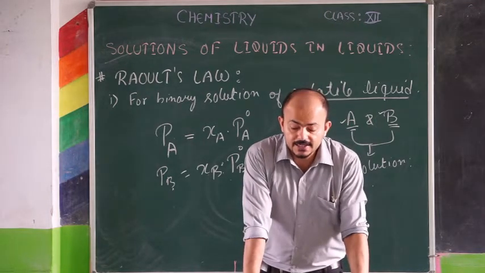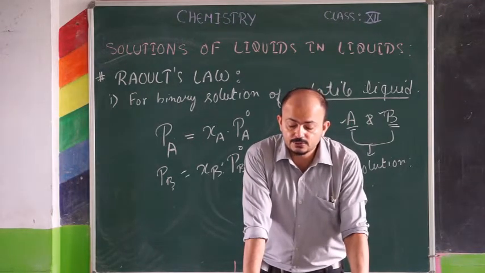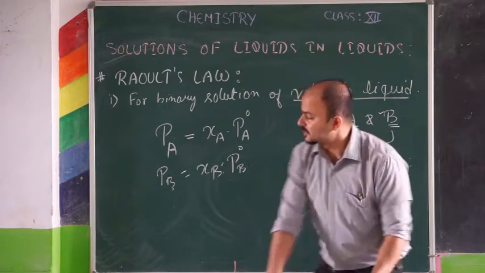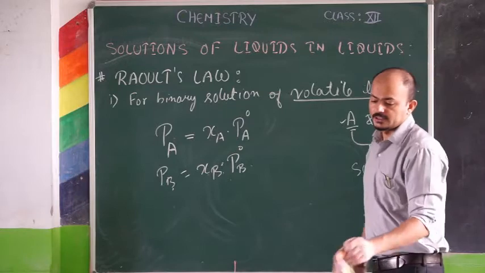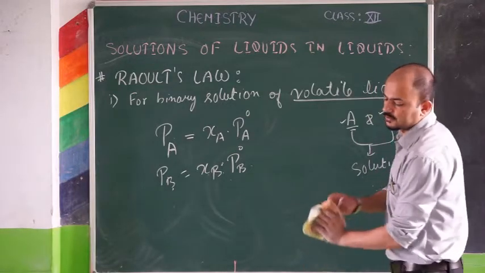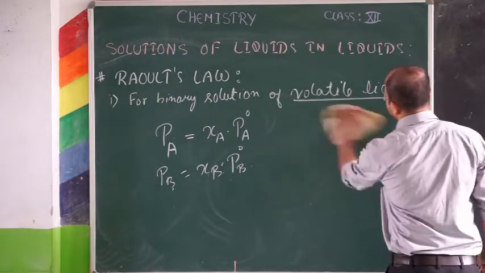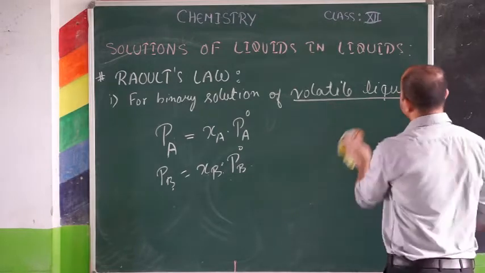Now here P naught A and P naught B are the vapor pressure of pure liquids A and B respectively. So this is very simple. Now let's discuss the other type, for solution containing non-volatile solute. That was for volatile liquids, please don't forget.